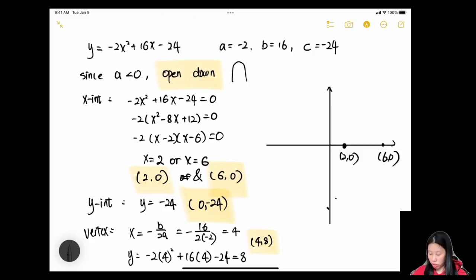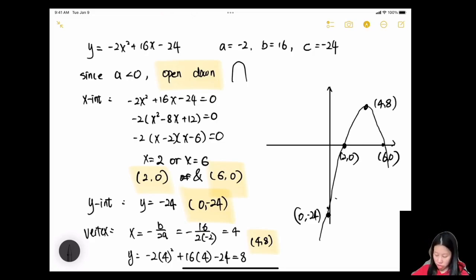The y-intercept is 0, negative 24. And then the vertex is 4, which is in between, and 8. Label all of these, and we know that this is open down like an n. So this is the graph.